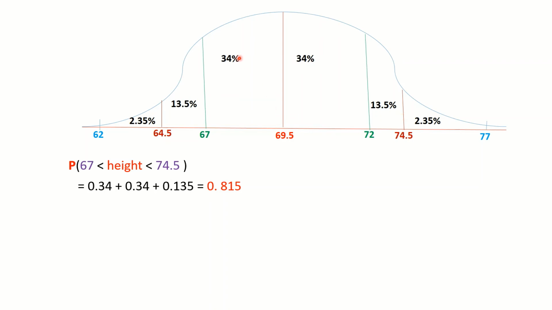So it is 34, which is 0.34, plus again 0.34 in decimal, plus 0.135, which will give you 0.815. This is the probability that the American adult male will be between 67 and 74.5 inches.